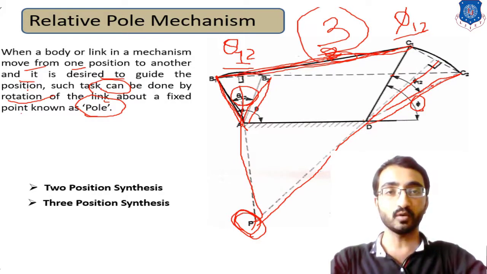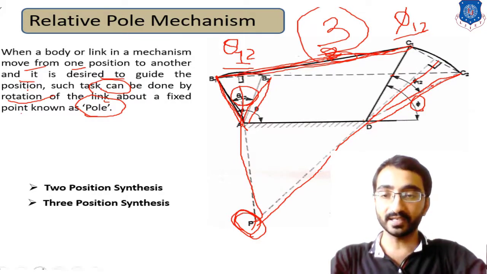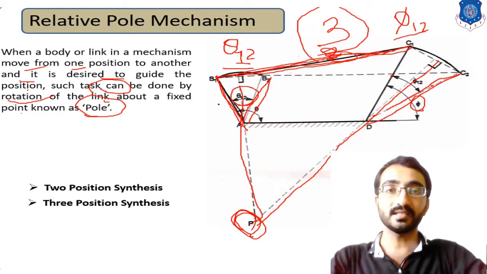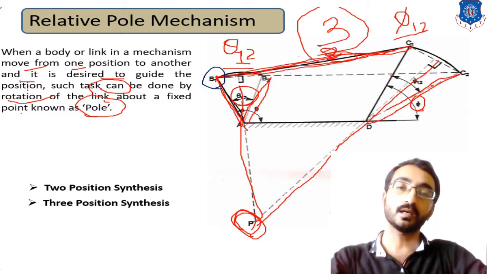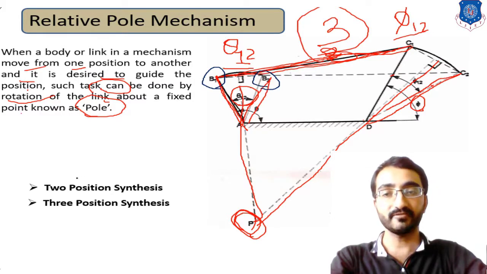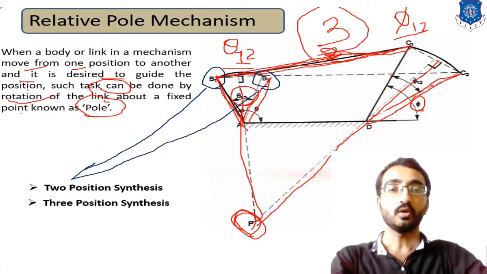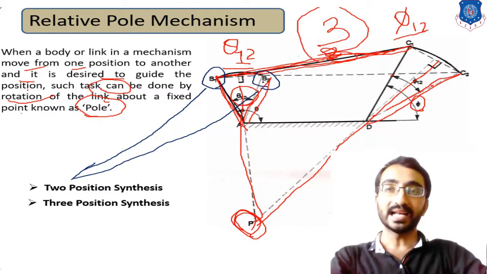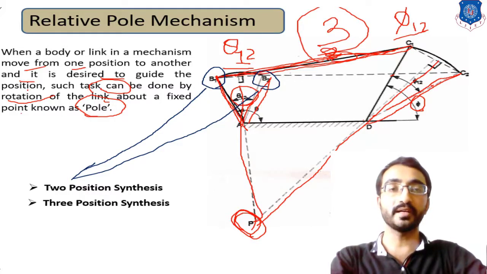Okay, so let's consider over here, in this diagram, the position from B1 to B2, so that we have two different positions. Initially it is at B1 position, then it moves to B2 position.